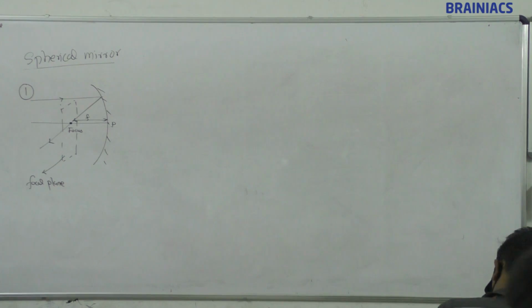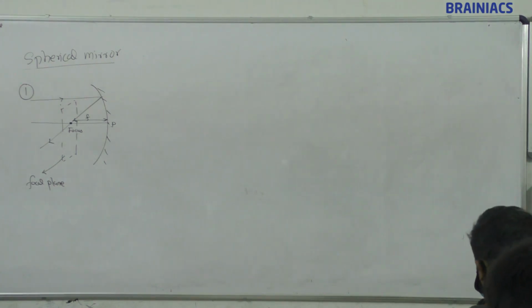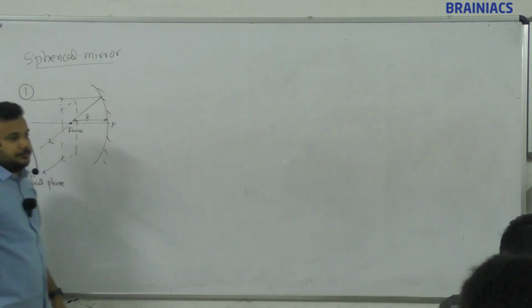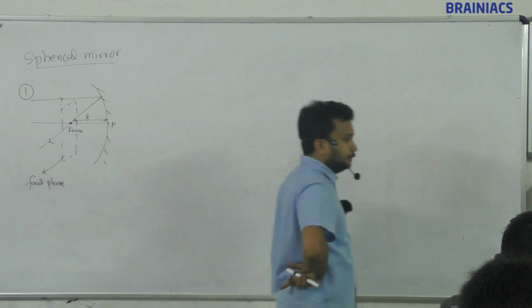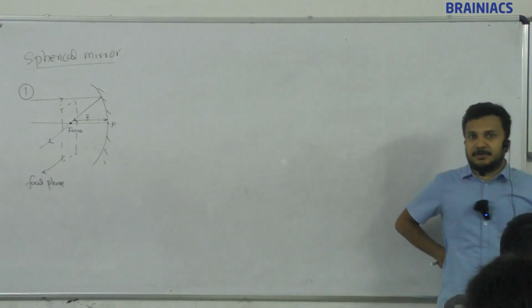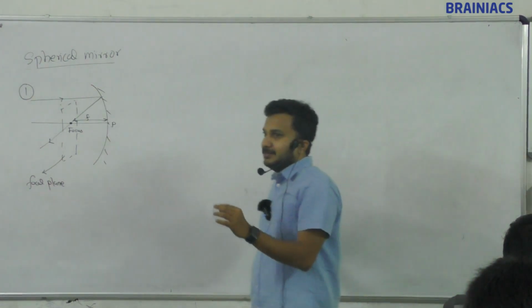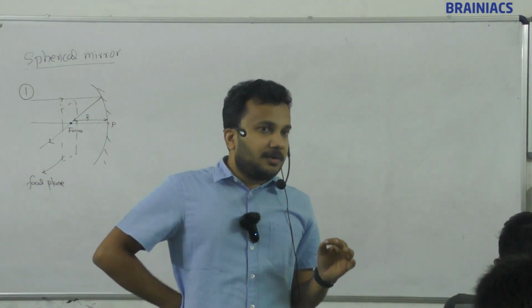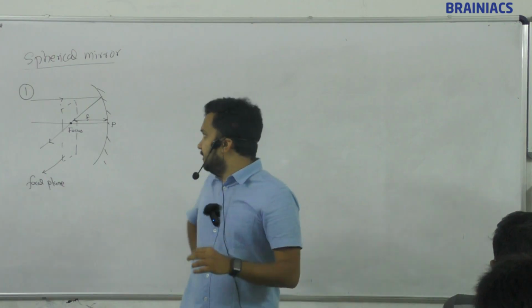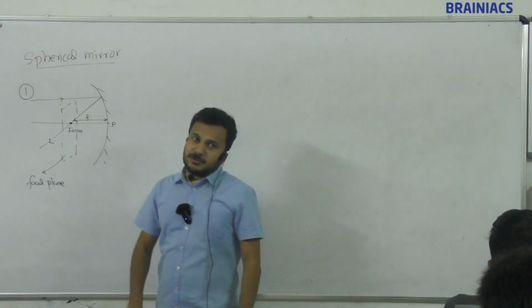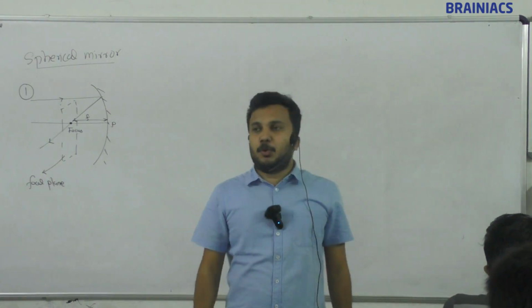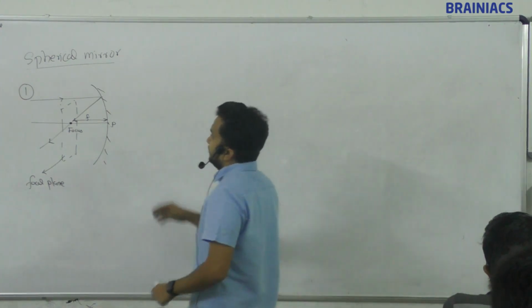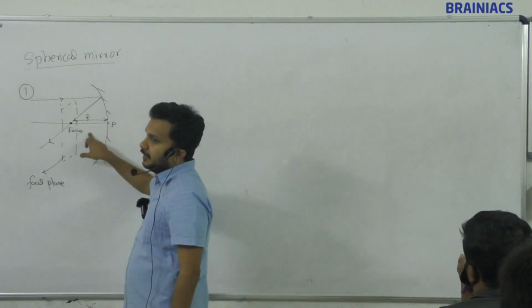Focal length is the distance between the pole and the focus.